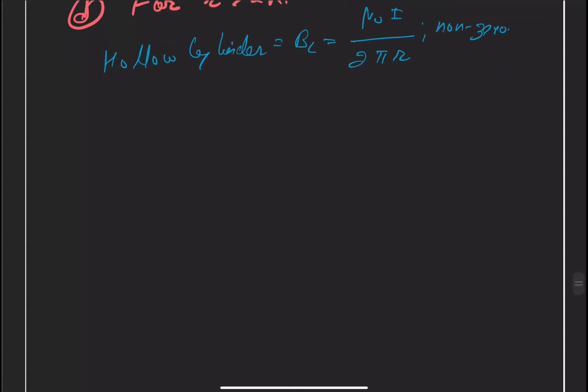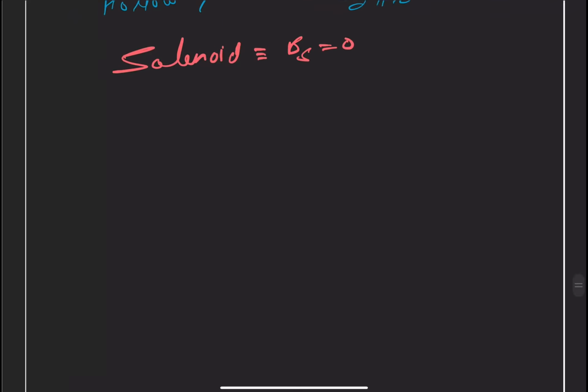And for our solenoid, which is our Bs, it will be approximately 0 if it's ideal.